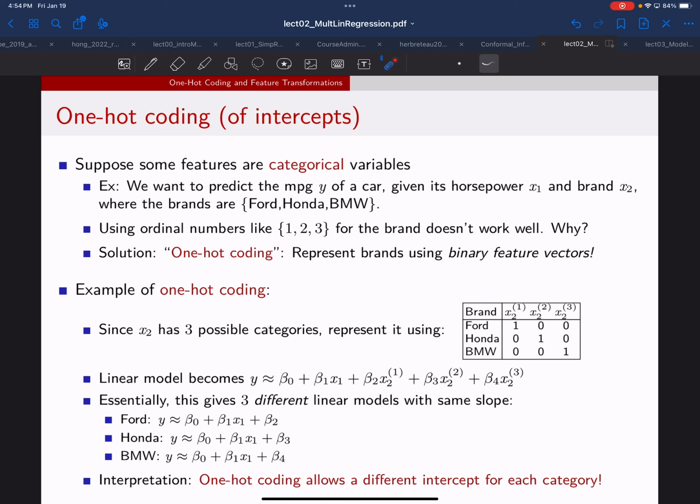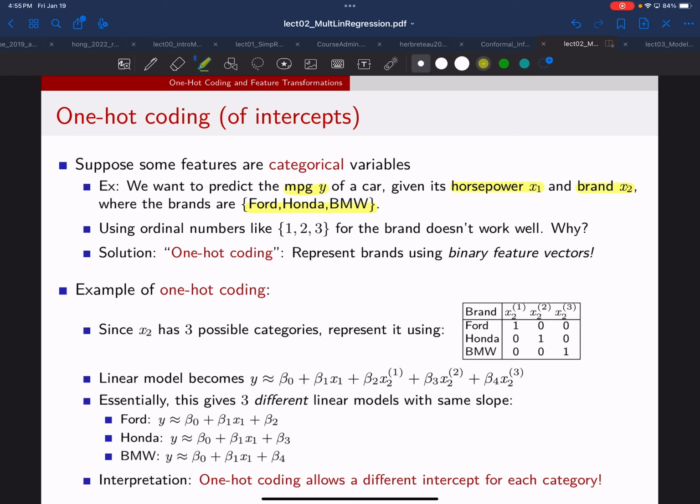So an example is, let's say I want to predict the miles per gallon of a car, and I'm using the horsepower. Miles per gallon, let's call Y. Horsepower, let's call X1. But now let's say I have the brand of the car. And the brand is not a number. It's either Ford, Honda, or BMW. So the question is, how do I do this?